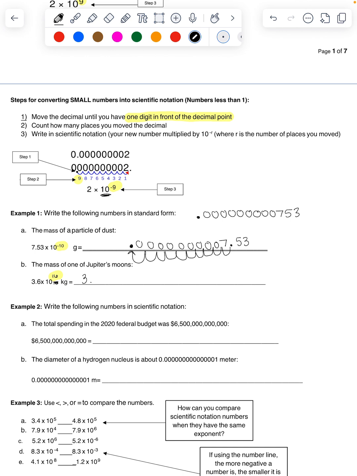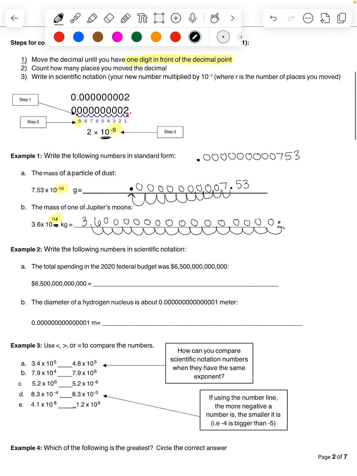So 3.6, 1, 2, 3, 4, 5, 6, 7, 8, 9, 10, 11, 12, 13, 14, 15, 16. Anywhere that I drew a little hump, I need to fill in with a 0. All right, so that is 36 with 15 zeros on it.